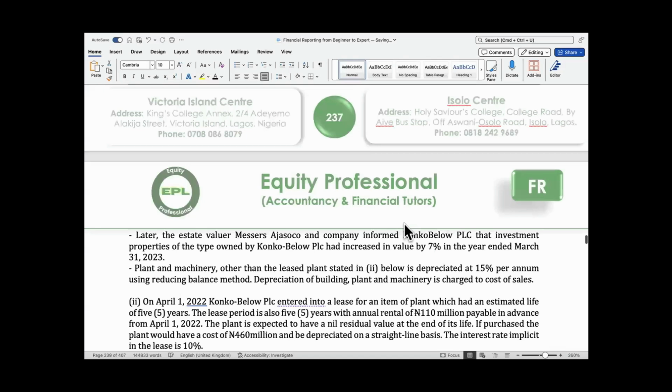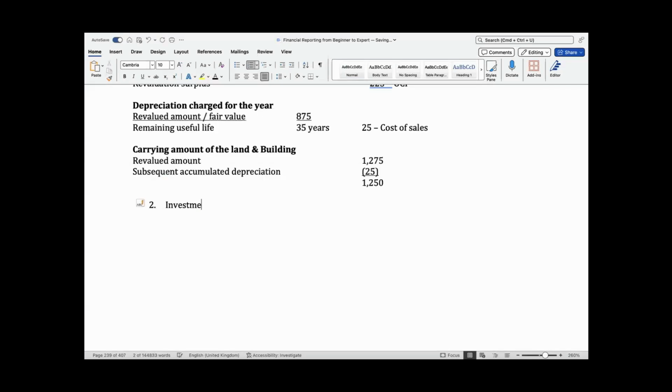I've taught you investment property. So what's the valuation of this investment property as at the beginning of the period?